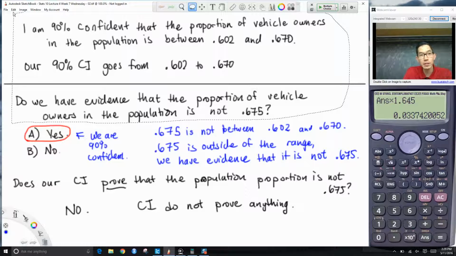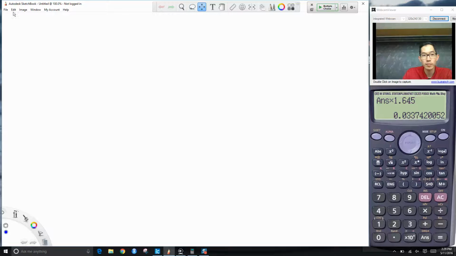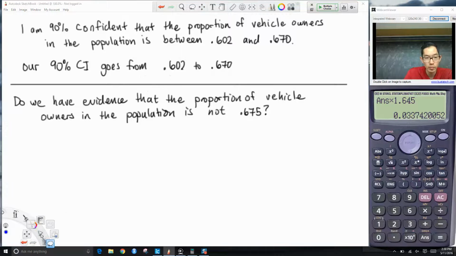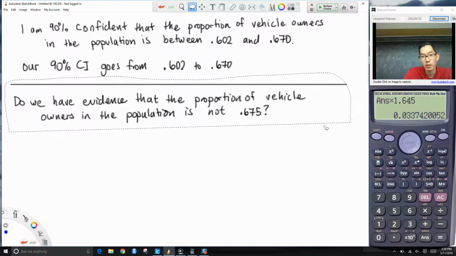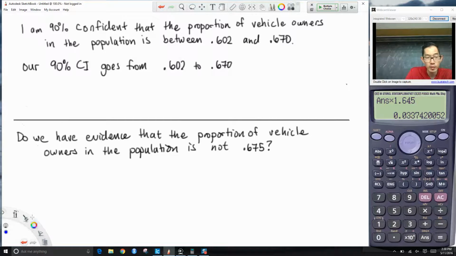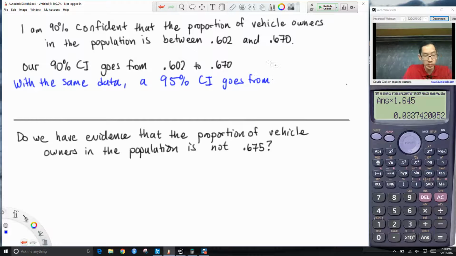If I use the exact same data, if I make a 95% confidence interval, and we can calculate this, it would be p hat plus or minus 1.96 times the standard error.